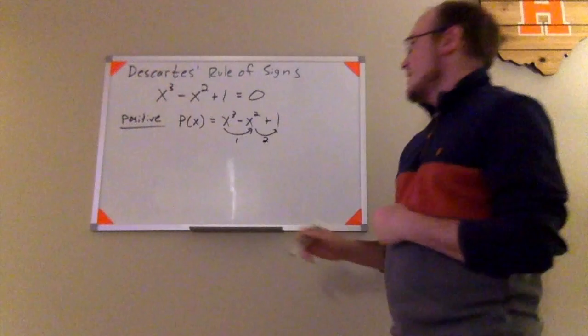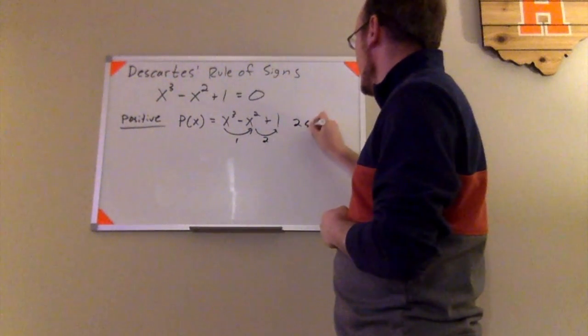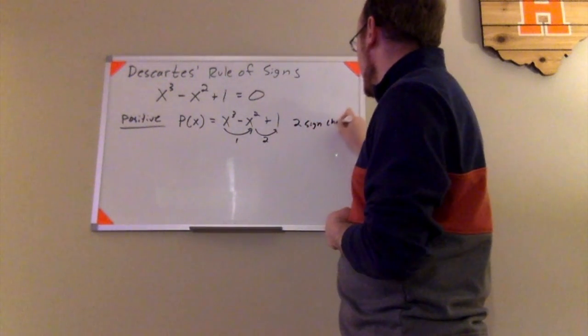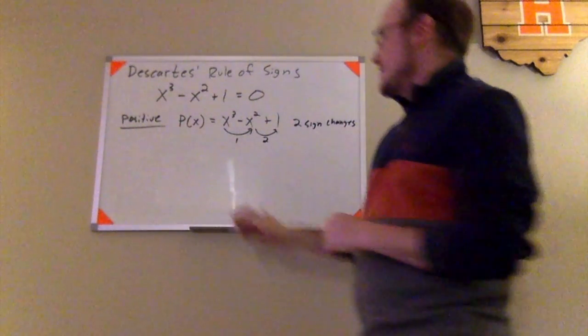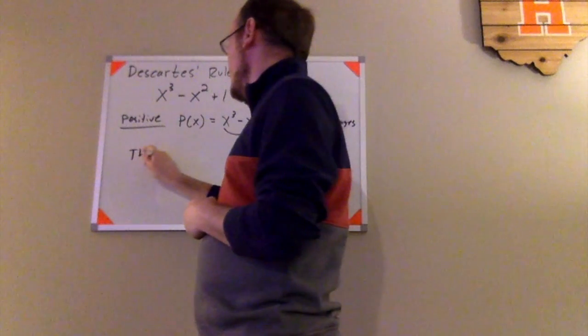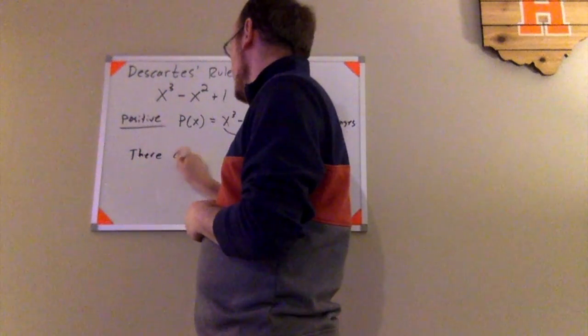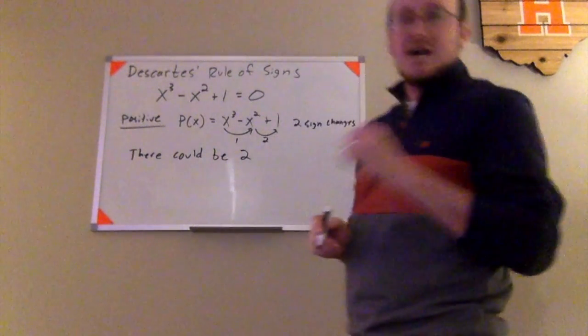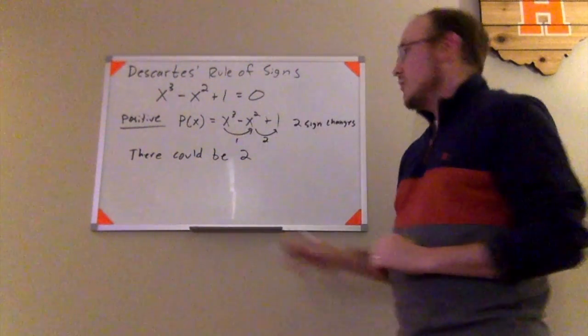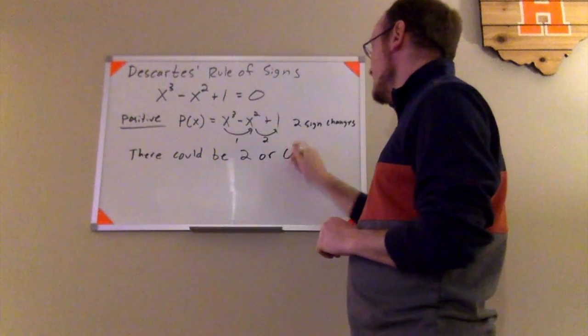So this right here has two sign changes. So what that means is that there could be two positive real zeros or 0.